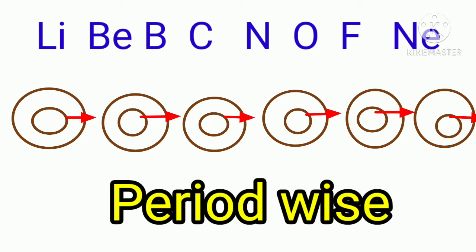Then only does the atomic radius decrease period wise. But group wise, the atomic number increases and the number of shells also increases, so the distance between the center of the nucleus and the outermost electrons also increases. That is the main difference between group wise and period wise, and how to explain why atomic radius decreases or increases.